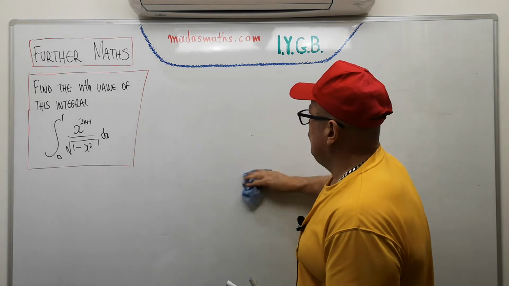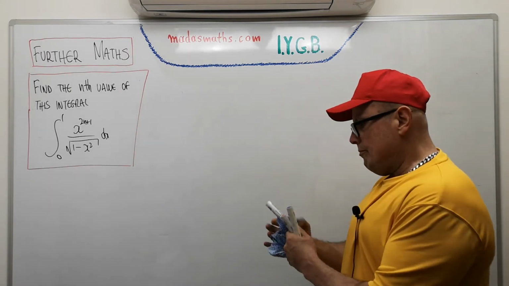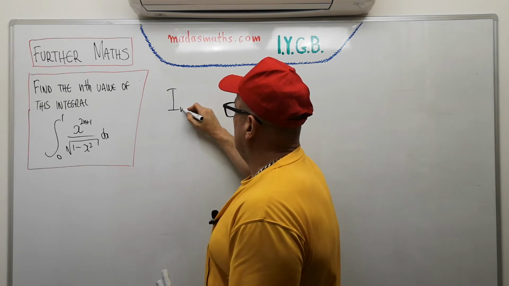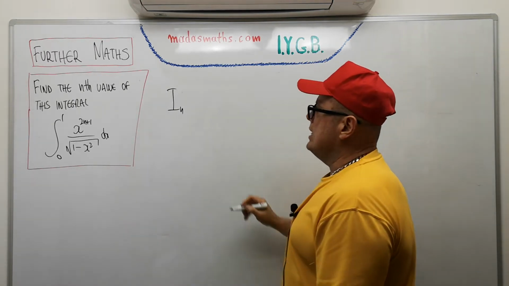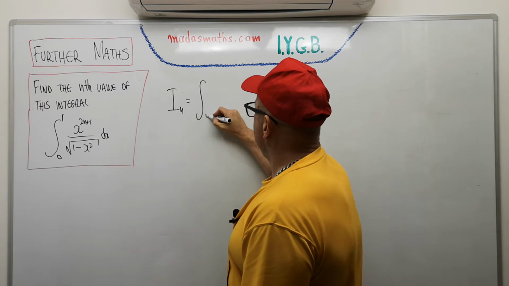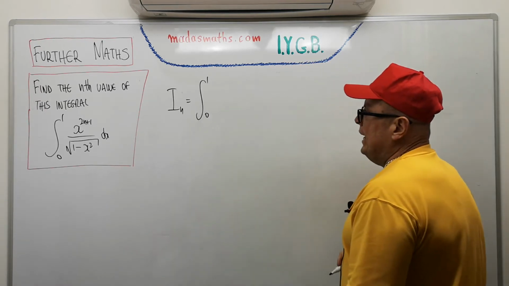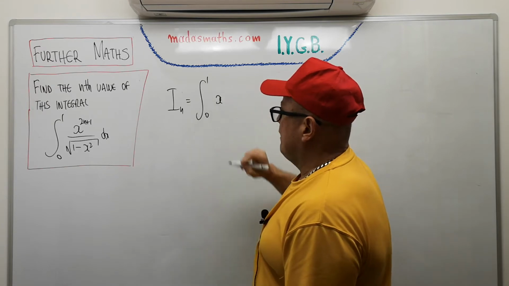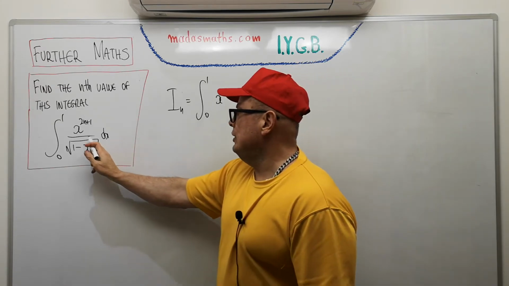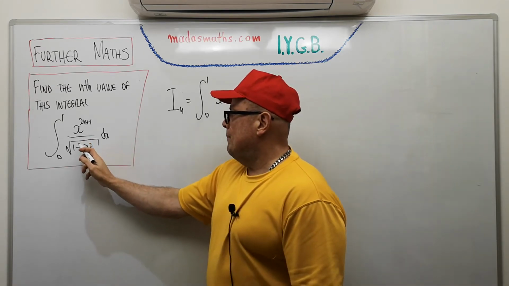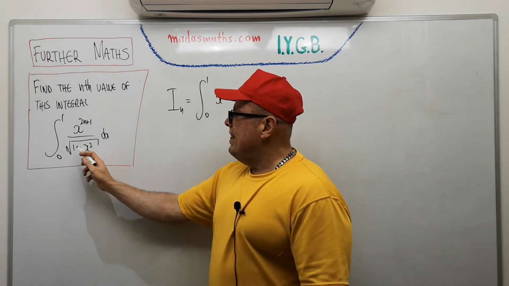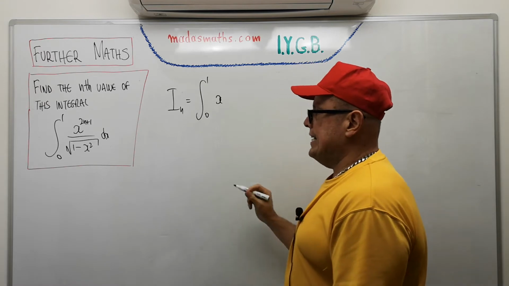So let's start with the usual kind of approach to a problem like this, which is to write this as I_n, as per usual, integral 0 to 1. I'm noticing that this particular radical, if I write it to the power of minus a half, will integrate instantly if it has an x in front of it.